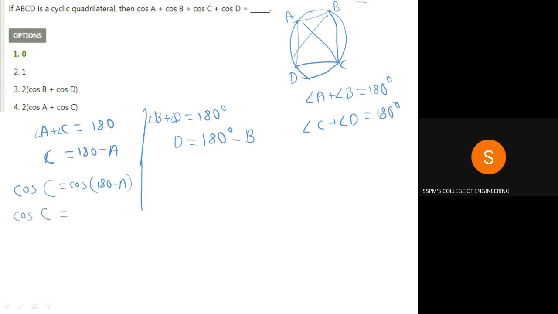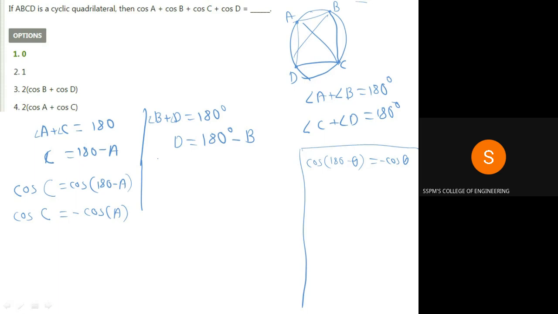Cos of C is equal to minus cos of A, isn't it? In previous example, we have already seen this. What we have seen? Cos of 180 minus theta is equal to minus cos of theta, isn't it?